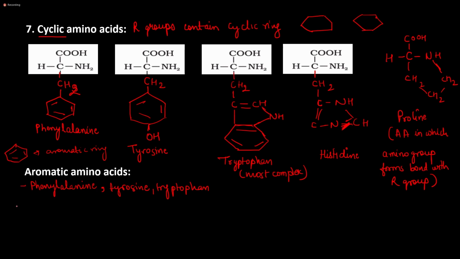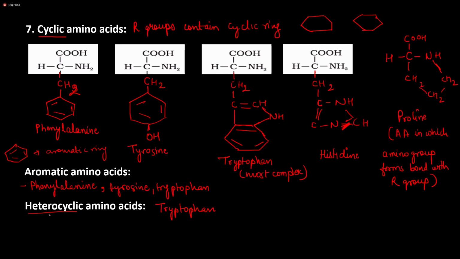Now there is one more concept, that is heterocyclic amino acids. Heterocyclic means it consists of two types of atoms in its cycle, such as carbon and nitrogen, that we can see. From the figure, we have two heterocyclic amino acids. The first one is tryptophan. Why? Because if you see its ring, it has carbon as well as nitrogen, so it is heterocyclic.